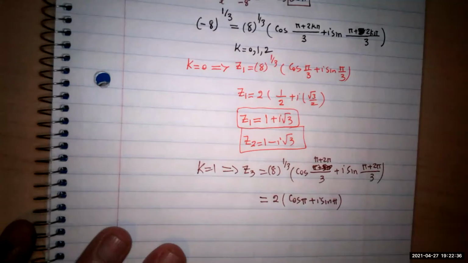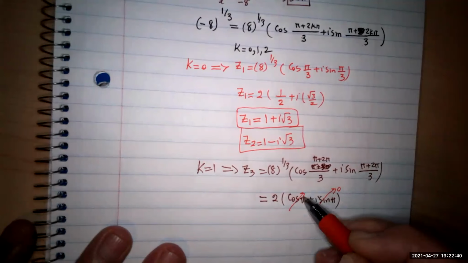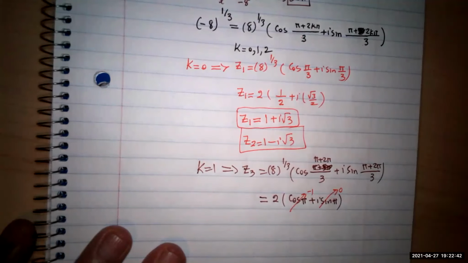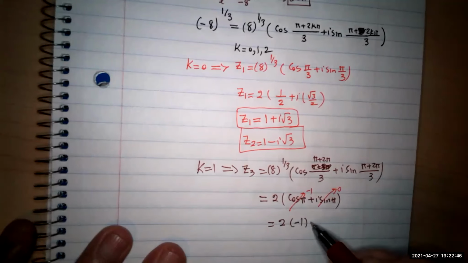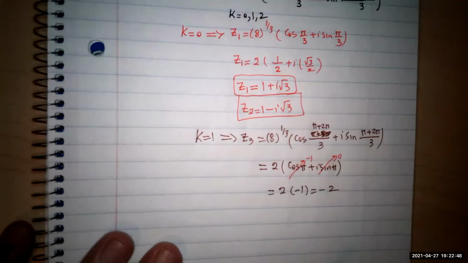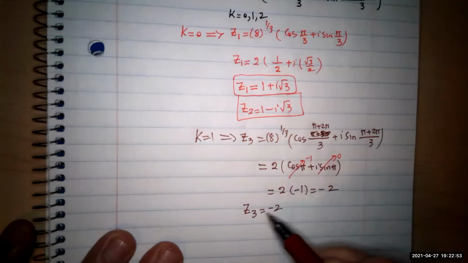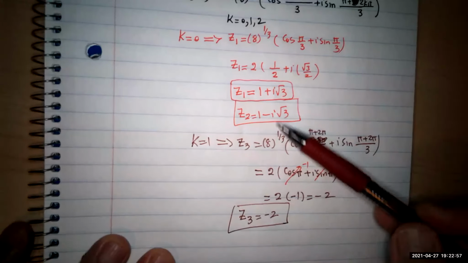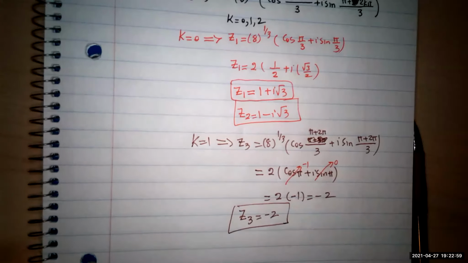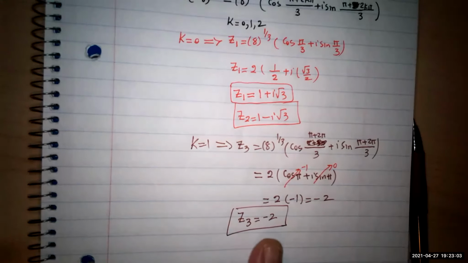But you know that the sine of pi is 0 and the cosine of pi is -1. You knew it in advance, so we get -2. So the third solution is -2. So we stop here, we have 3 solutions: 1, 2, 3. One of them is real, Z equal to -2.